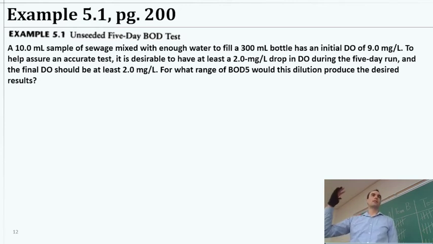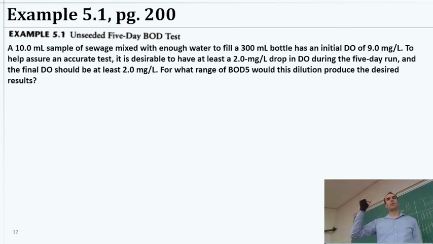So you have to have at least that amount of change for you to be able to trust the DO probe during the 5-day run. And the final DO should be at least 2 milligrams per liter. So you kind of have a window there. It should drop at least 2, and it can't have dropped all the way down below 2.